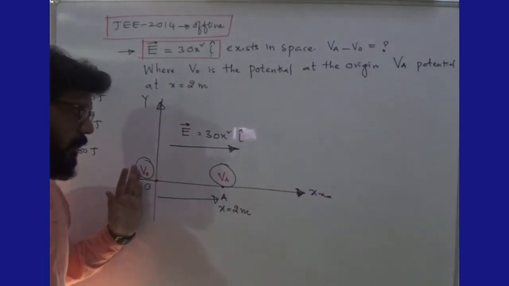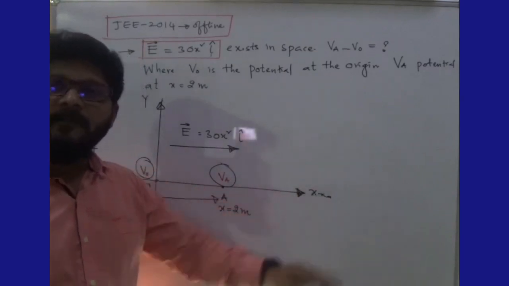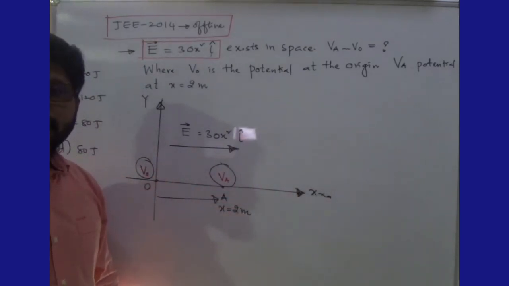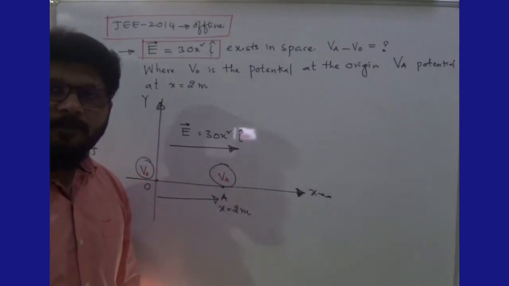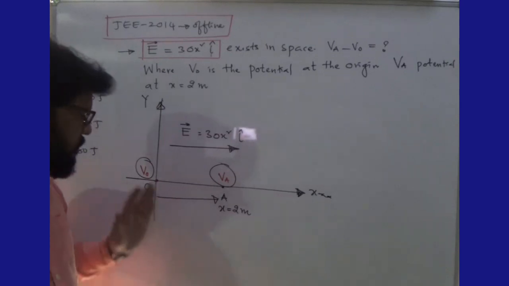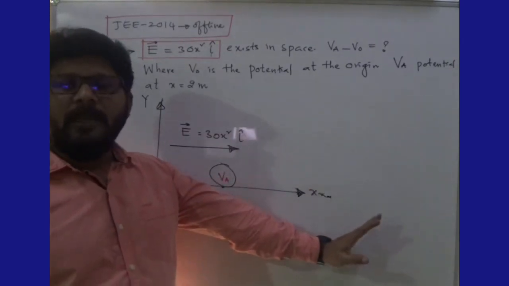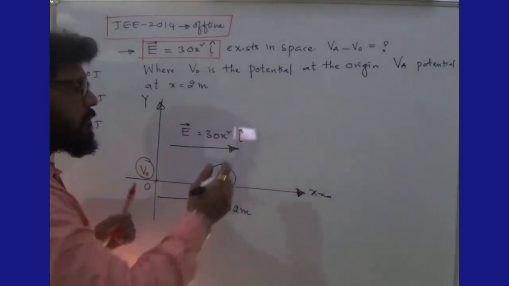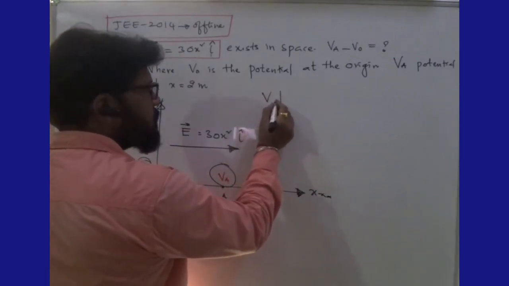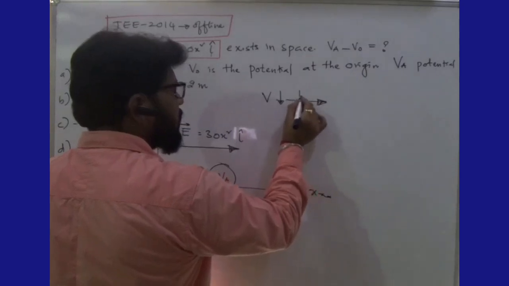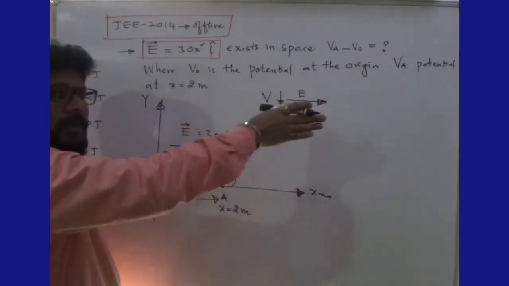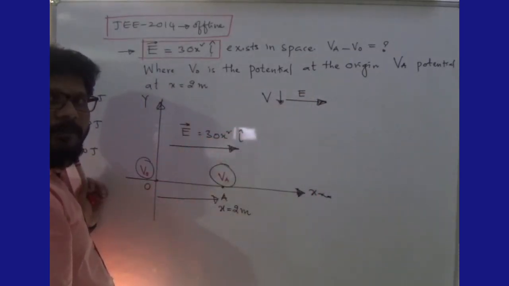As we are moving in the direction of electric field, what happens to the potential? Does potential decrease or increase? Potential decreases if we move in the direction of electric field. Is it clear?